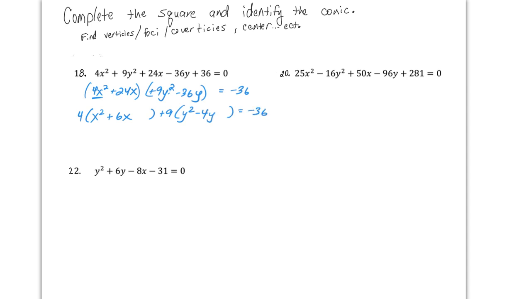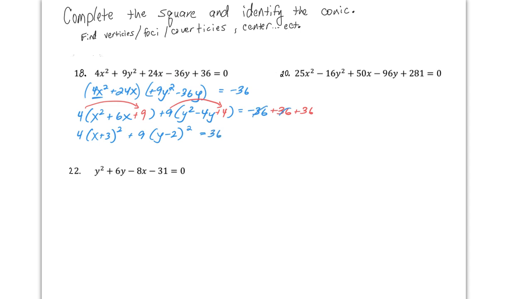So now I'm ready to complete the square. Half of 6 is 3, 3 squared is 9, and 4 times 9 is 36. And then half of 4 is negative 2, negative 2 squared is 4, and 9 times 4 is another plus 36. So this becomes 4 times x plus 3 squared plus 9 times y minus 2 squared equals 36.